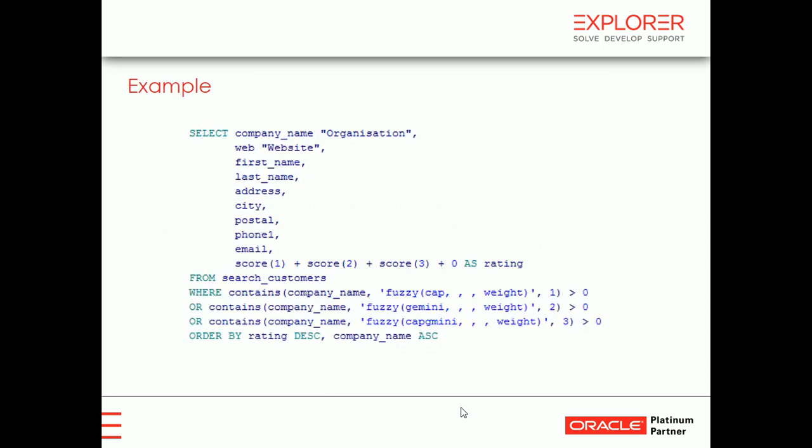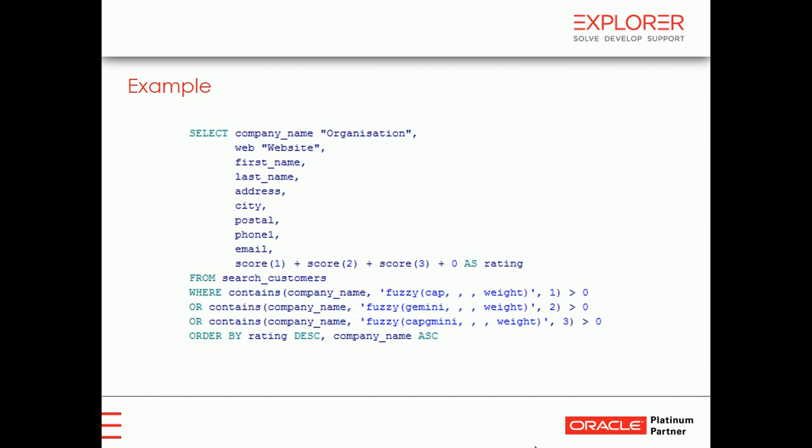So you can see here we have a slightly customized query. We would take the search term that the user has entered and populate it into the customized where clauses in different parts, and then apply a different weighting to the results that come back. What Oracle Text allows you to do is return a score for that result, and then you would order your returned results by that score in order to give a higher rating.